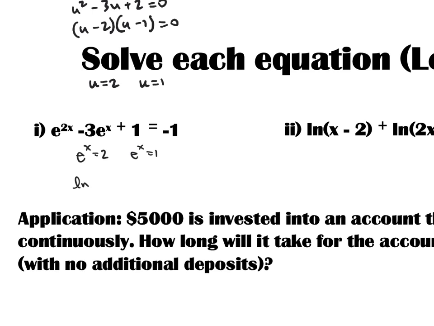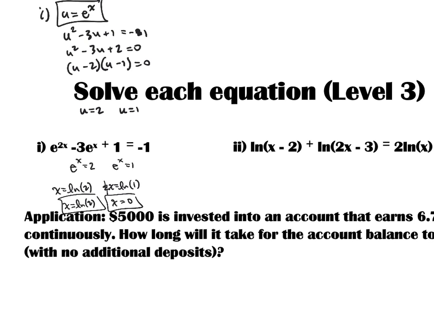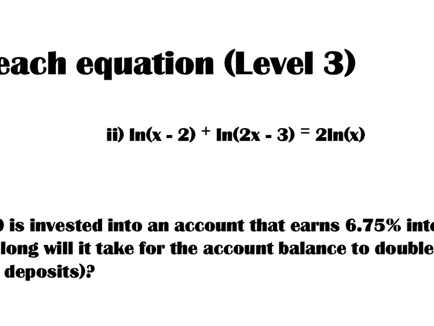That means that the ln of 2 and the ln of 1 should be values for x that are solutions to the original equation. Now x equals ln of 2 is a number. It's not a nice number, but it is a number, and the ln of 1 is equal to 0. So I've got two solutions to that equation. When you see something in this quadratic form, go ahead and do what's called a u substitution, which is that process right there.